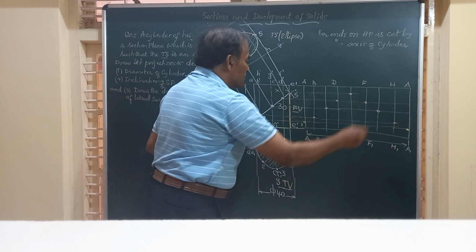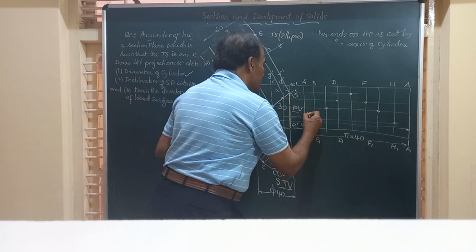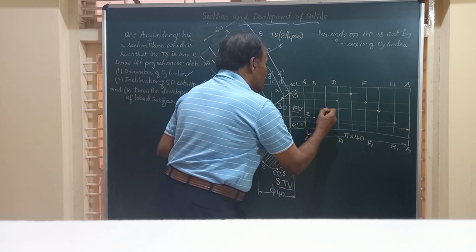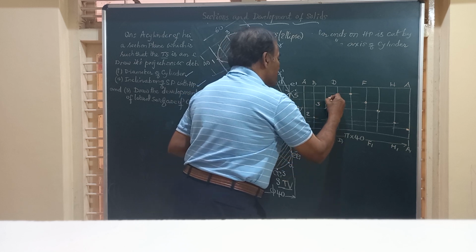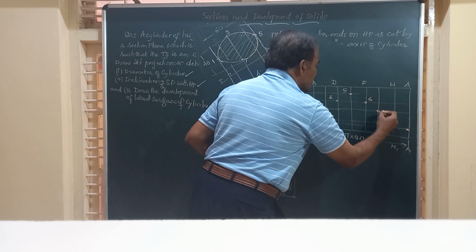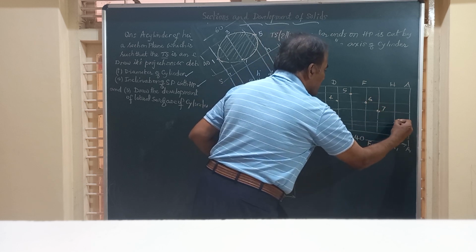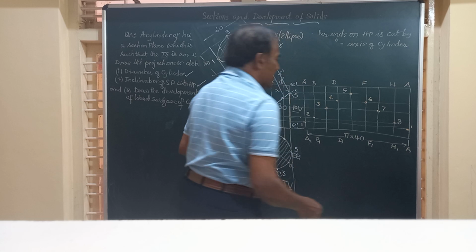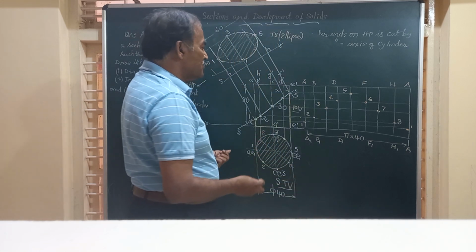So you'll mark all these points in order. This is 1, the point 2, 3, 4, 5, the highest point, 6, 7, 8, and again 1 on AA. Friends, what are the points you got?